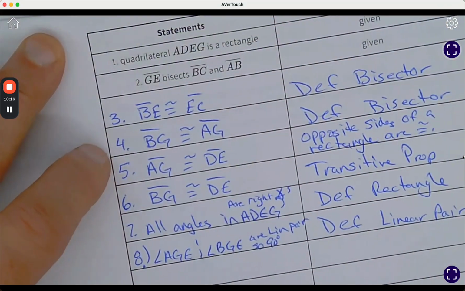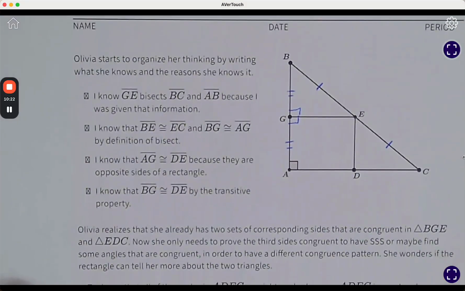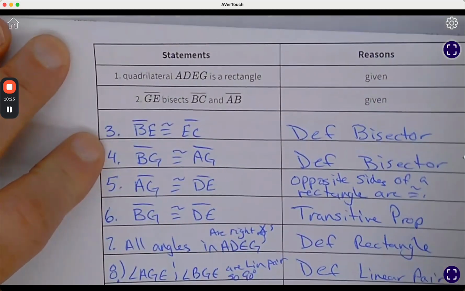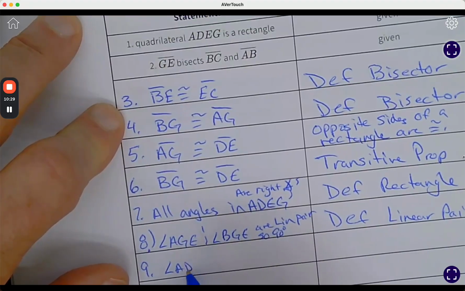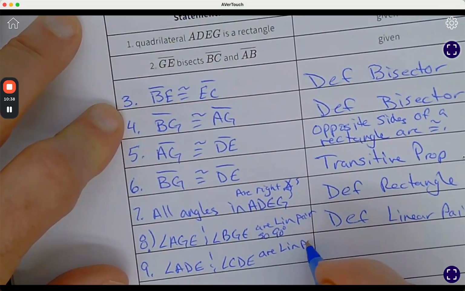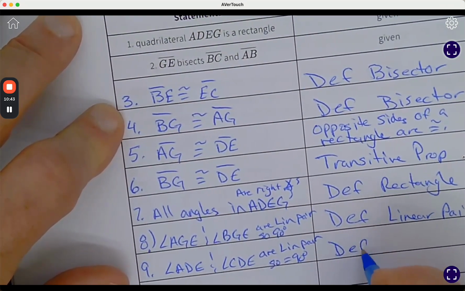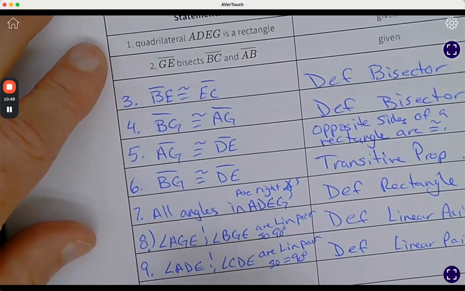Okay, so now they're saying, by the way, this right here, that's boom and boom. And they're also saying the same thing about ADE and CDE. And that's by definition of linear pair. Okay, 10.